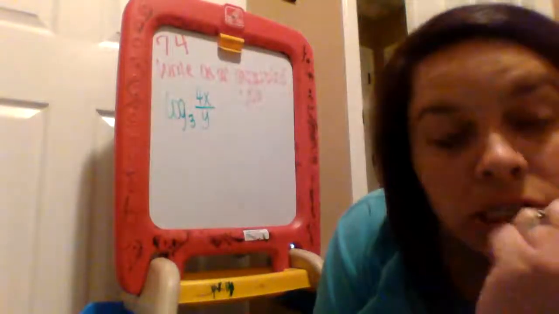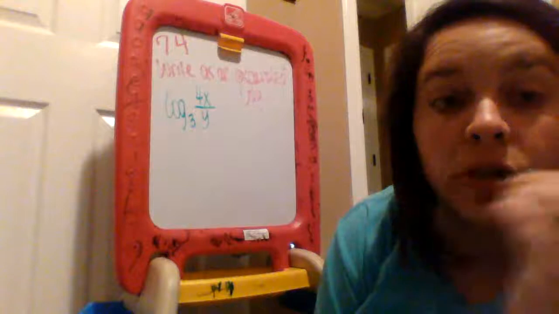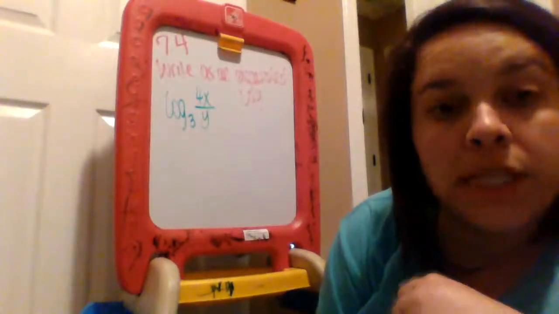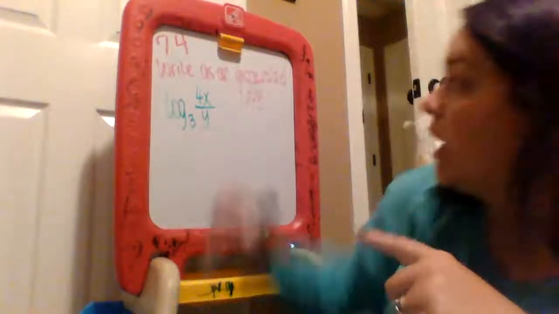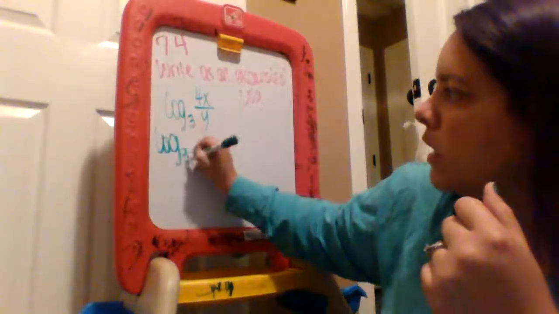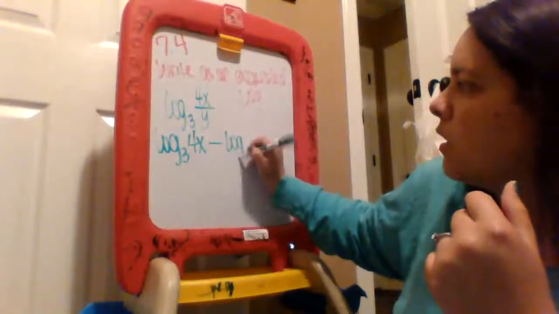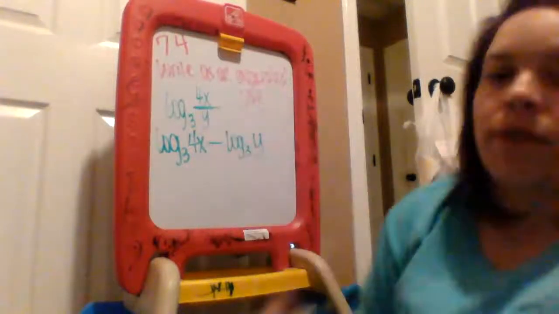All right, so right now, the main thing that's jumping out at you should be that division. So the quotient property. And the quotient property says that you separate with subtraction. So I'm going to separate the 4x and the y with subtraction. So I'm going to make this be log base 3 of 4x minus log base 3 of y. So that separated that division right there.